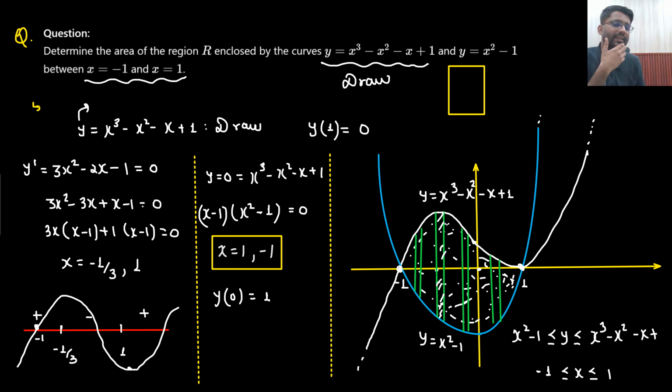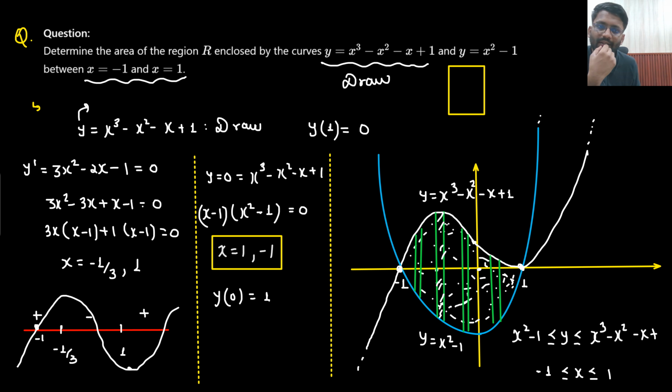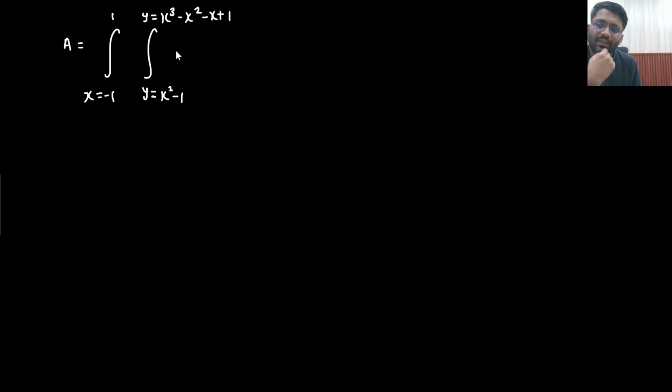There you go. This is the integration you need to do now. So what will be the area? X going from -1 to 1, the value of y going from x square minus 1 to x cube minus x square minus x plus 1, dy and then dx.